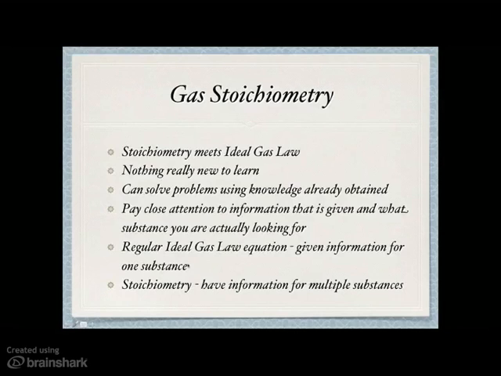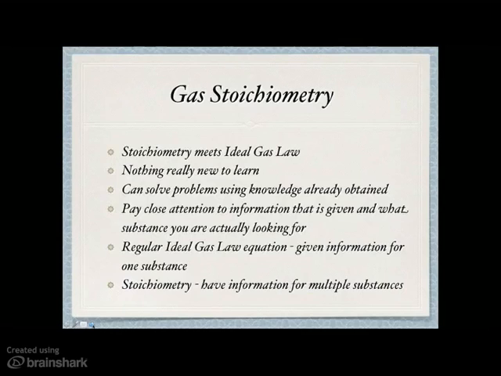With a regular ideal gas law problem, you're given information for just one substance, let's say nitrogen gas or oxygen gas. You don't have to worry about anything else. With stoichiometry, though, you have multiple substances to deal with, where some of the information is for one substance and some of the other information is for another substance. So you do have to take those two things into account.